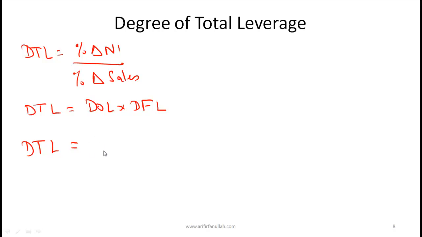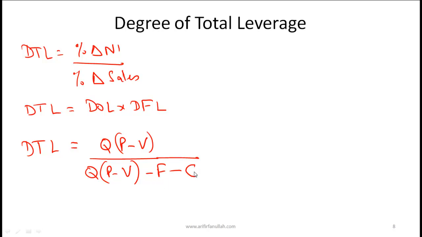So this is Q into (P minus V) divided by Q into (P minus V) minus F, which is the operating fixed costs, minus C, which is the charge on debt. So this is the fixed interest related cost.